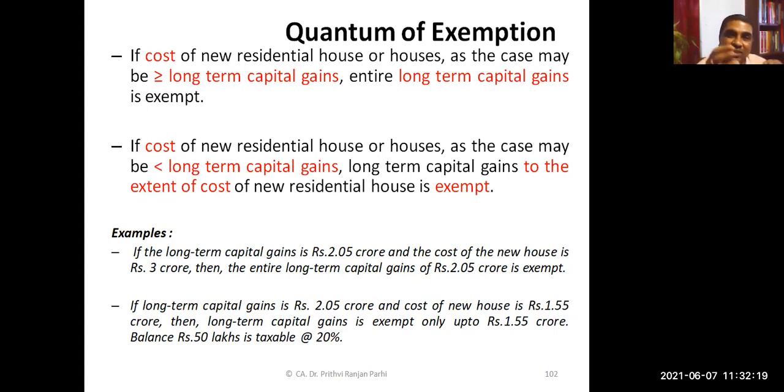If the assessee is investing the entire capital gain, then the entire capital gain is exempted. But if the assessee is investing a part of the capital gain, then only that part is exempted. So no capital gain tax will be levied on that. Did you understand? Yes, sir. Okay. Is it clear to you?